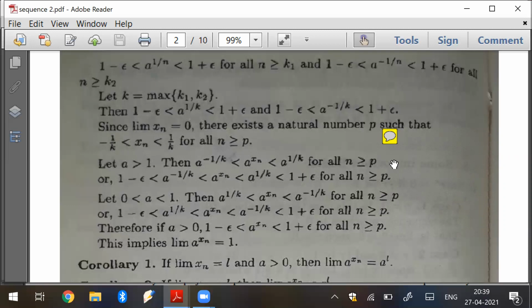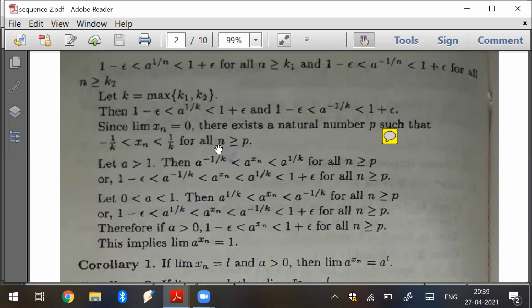Now it is given that this relation in turn is true whenever I am taking this relation to be true, but a to the power 1 by k is lying between 1 minus epsilon and 1 plus epsilon. Similar is the case for a to the power minus 1 by k.